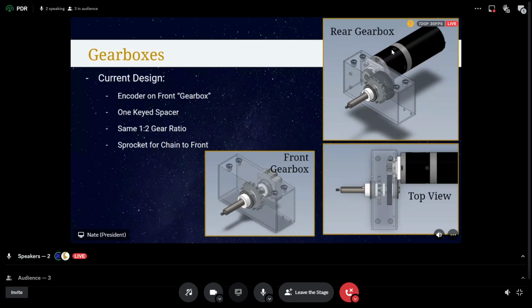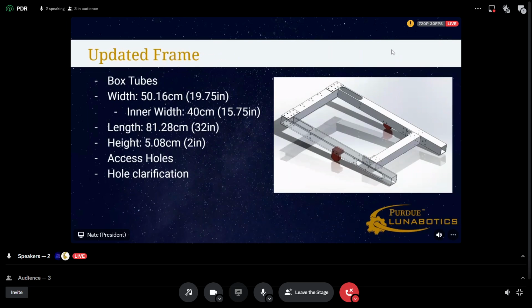But if you go back to that slide, I believe those access holes are only in one face. Oh, that's CNC. Okay. Yeah, that's fine then. I was just making sure that operation was possible.